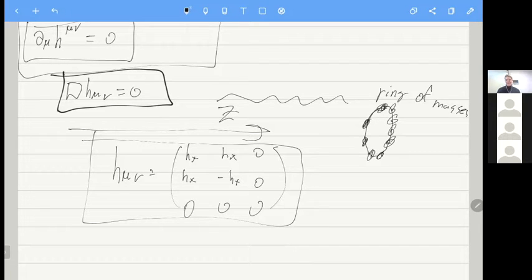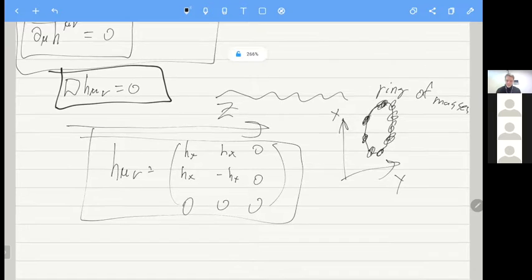They're freely floating in space. What happens? And the general result that you get by analyzing this situation is that the gravitational wave basically stretches and squeezes space-time in the x and y direction.